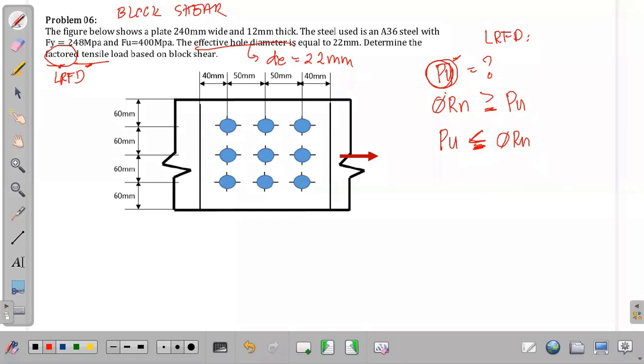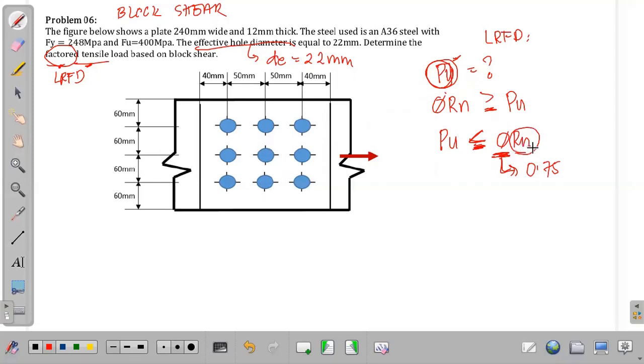So yung phi for the LRFD, we know that our factor is 0.75. Okay? So kailangan lang natin yung value ng Rn. So we need to solve for the value of Rn.